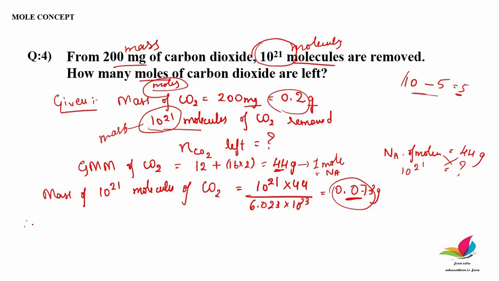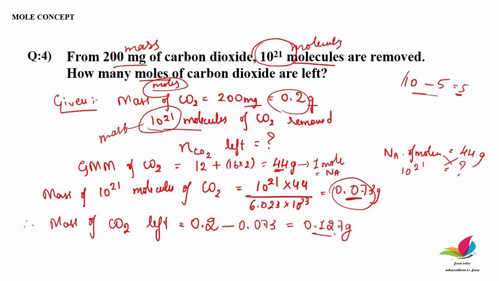Therefore, mass of carbon dioxide left will be equal to the given value of carbon dioxide, 0.2, minus the amount of carbon dioxide removed, that is 0.073 gram. So that will be approximately 0.127 gram.